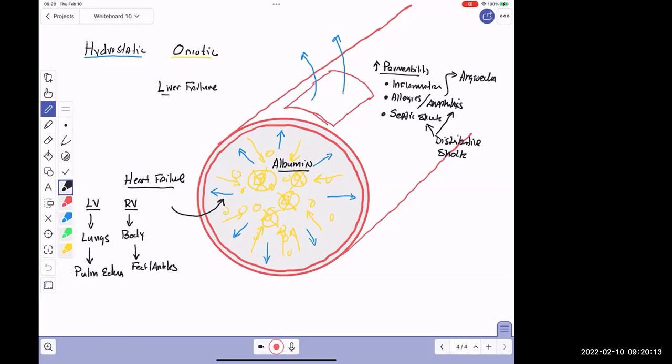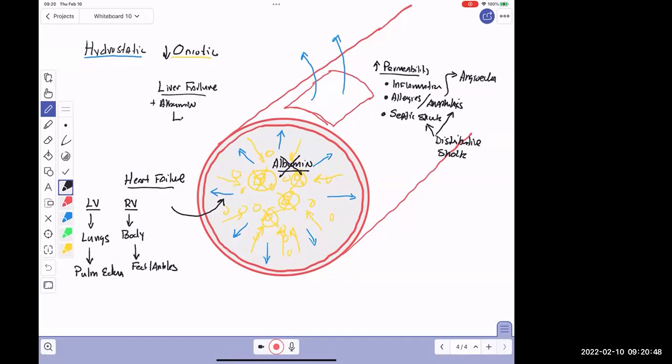So in liver failure, one of the many things that the liver does is it actually produces albumin. So when the liver fails, you're not able to create as much albumin. So you have a loss of albumin, all right? You have a decrease in oncotic pressure, and then fluid begins leaking out of the blood vessels, and you get fluid accumulating in areas of the body like the abdomen.